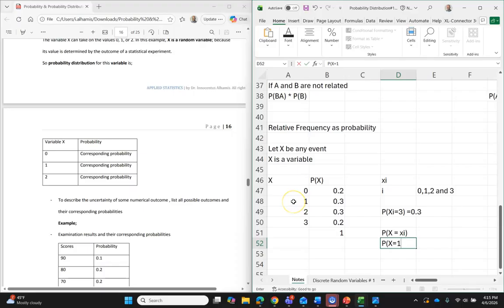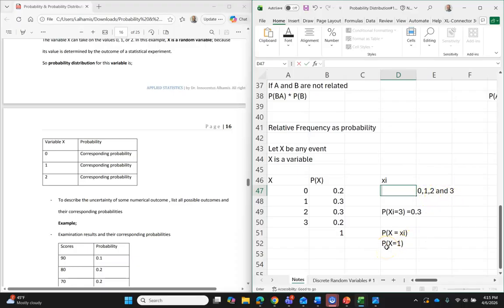Sorry, it is 1. So close the bracket. So here we are saying probability of X such that X is Xi, a particular value of X. And we know Xi's are 0, 1, 2, 3.